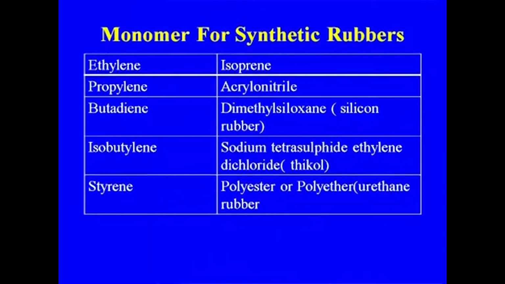Another is dimethyl siloxane for the silicone rubber, sodium tetrasulfide, ethylene dichloride and glycol for the polysulfide rubber, and the polyester and polyether for the urethane rubber. So these are some of the important monomers for the synthetic rubber industry.